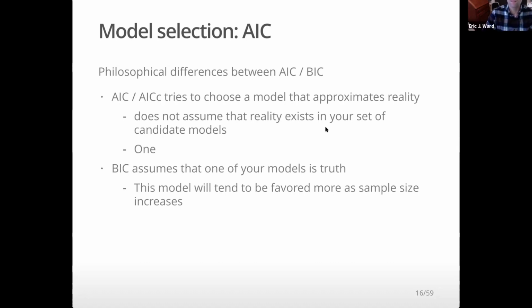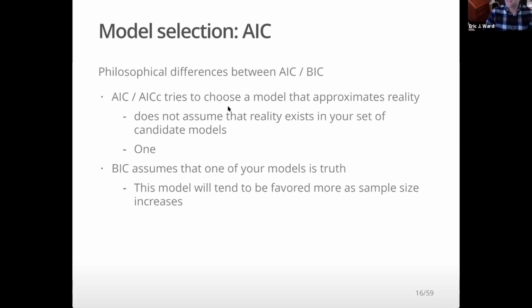And so what that means is that, as you remember, the sample size appeared in our penalty for BIC, so the penalty was k times the natural log of n, and as n goes to infinity, BIC assigns more and more weight to the model that fits best. So if you have 10 models in your candidate set, it's going to pick which of those 10 is the absolute best model, and it's going to assign all the weight eventually to that single model.